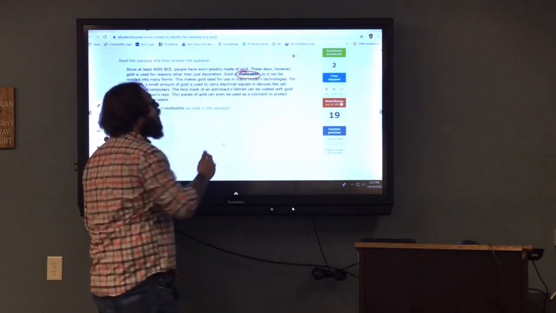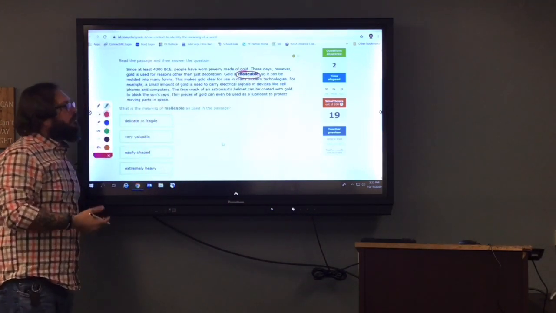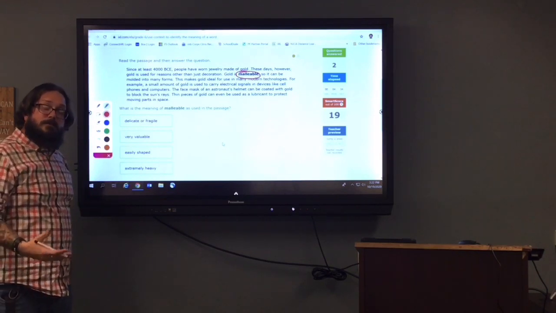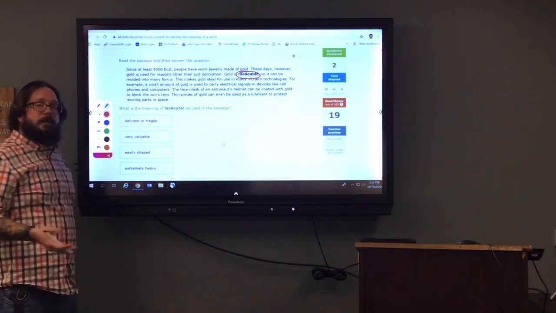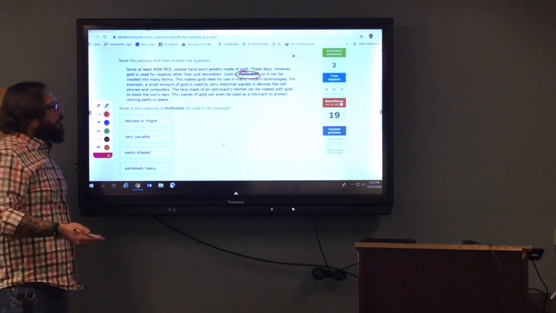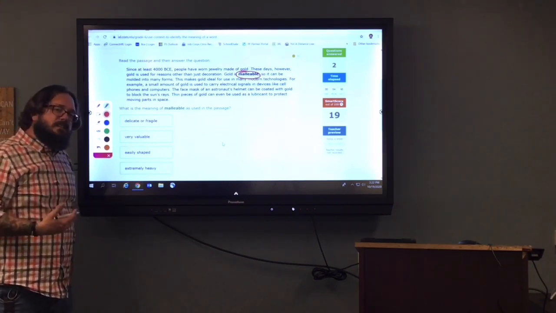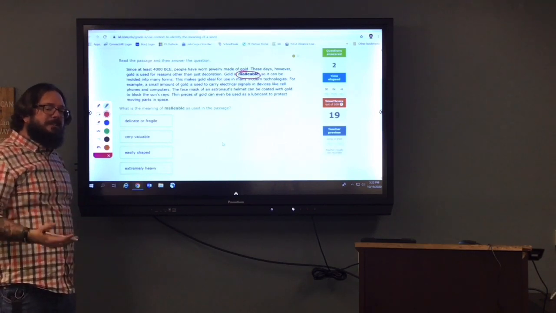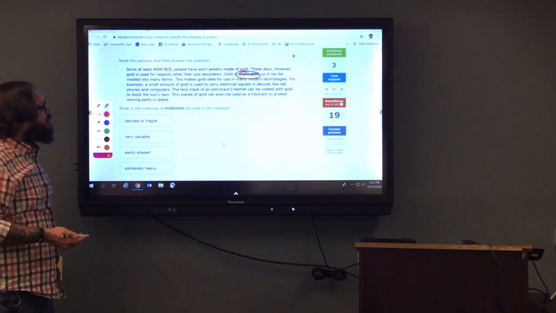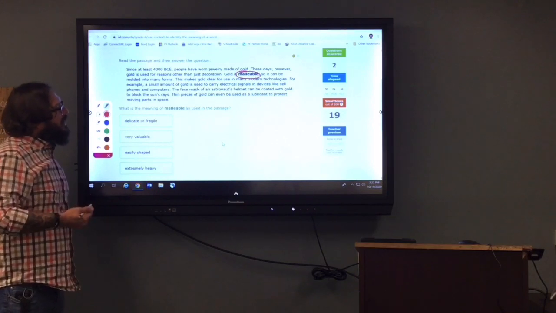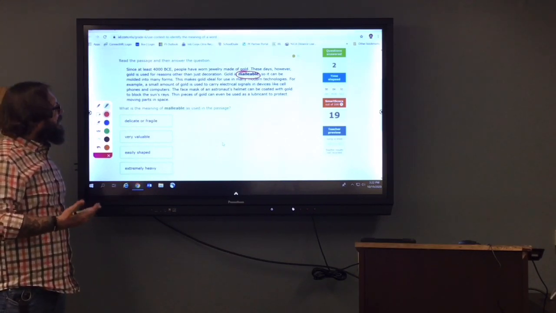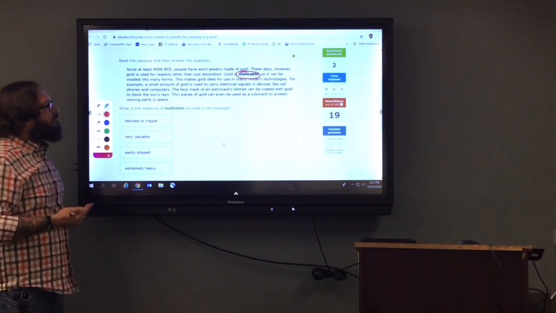Well, as you recall, there are three types of context clues that an author will provide to help us determine the meaning of words. So it could be just clues in nearby sentences, maybe even an example or a definition that's set off by commas. In this case, we are told that gold is malleable, so it can be molded into many forms.